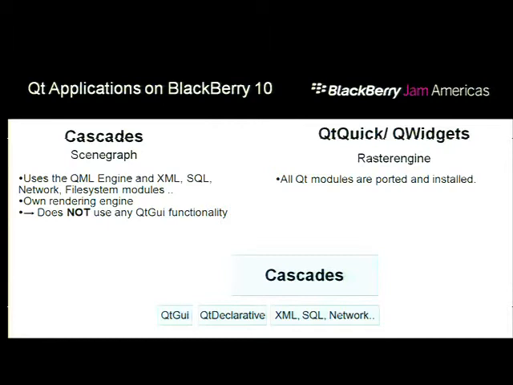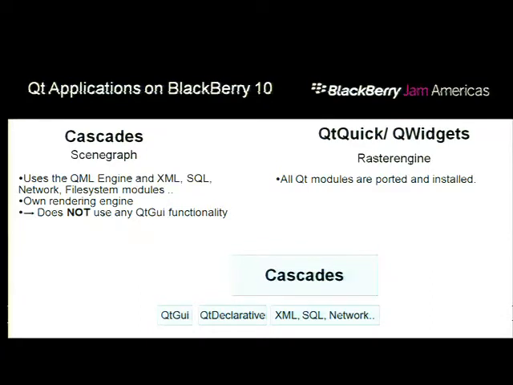Okay, so in general, we have two major frameworks on BB10. This is Cascades and QtQuick. From an architectural point of view, Cascades sits above Qt, like all the Qt modules. I painted the boxes there.